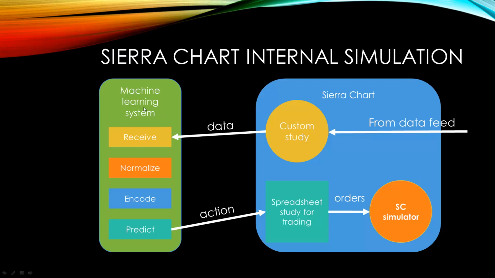That system does some work, makes a prediction, and sends that back to Sierra Chart, where the spreadsheet study will act on it and place an order if that was the action it was supposed to take. That order can be sent to just an internal simulator, and it will never leave your computer. So let's set that up, and then we'll talk about how to set it up for real time using the broker simulator next.